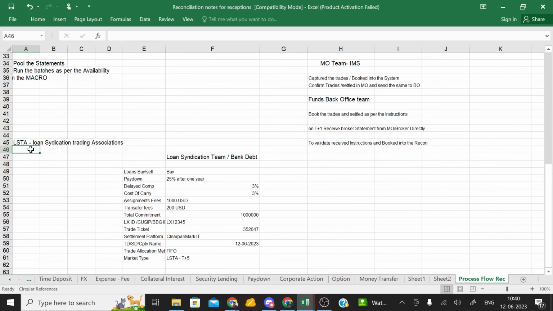And there is one more market, the LMA market, which is Loan Mortgage Association. So basically, LSTA is for the US market, US trades.